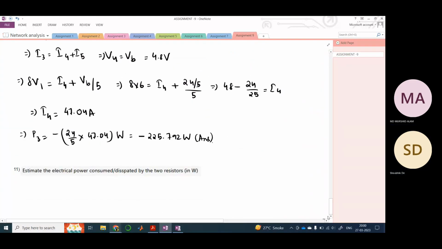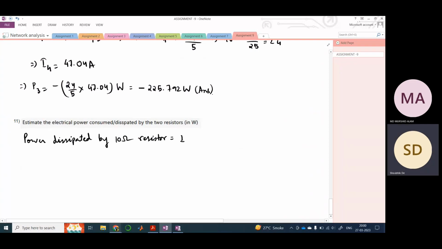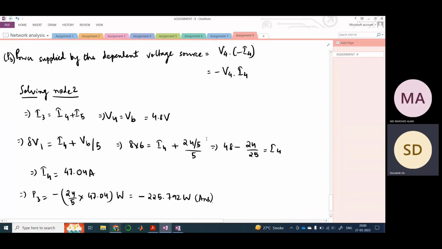So the power dissipated by the 10 ohm resistor is I2 square into 10, and I2 we already calculated.